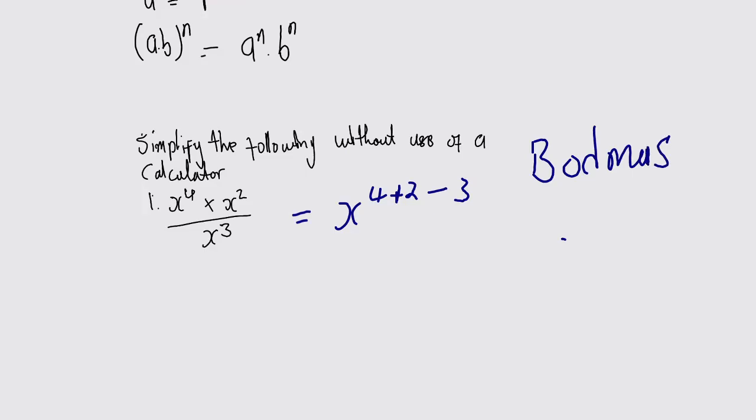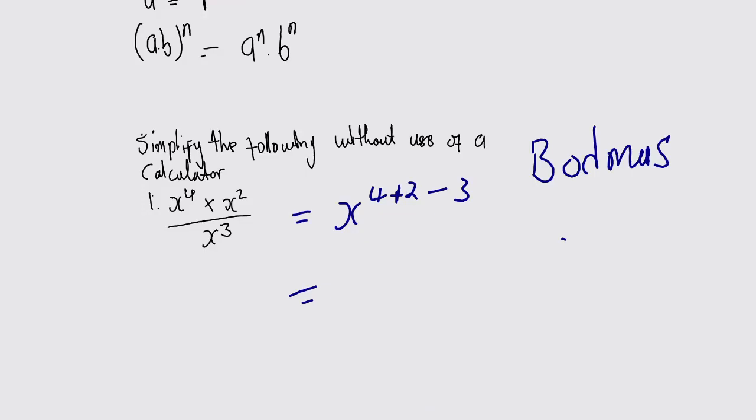Okay, but I think the rule is not fighting with us, so we can put it like this, which is good news. According to the BODMAS rule, brackets, division, multiplication, addition, subtraction. So when you have a challenge, you need to start with addition here.